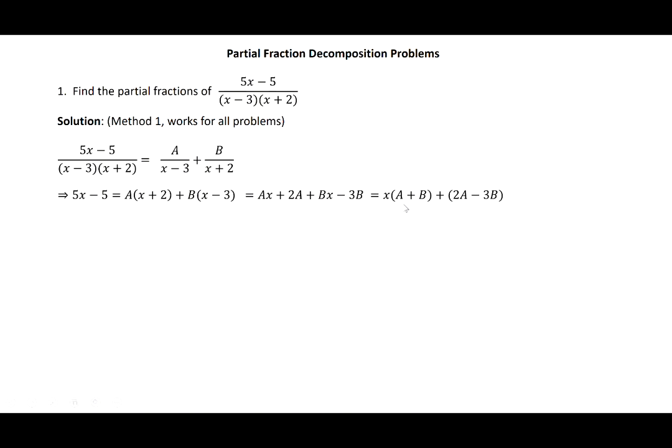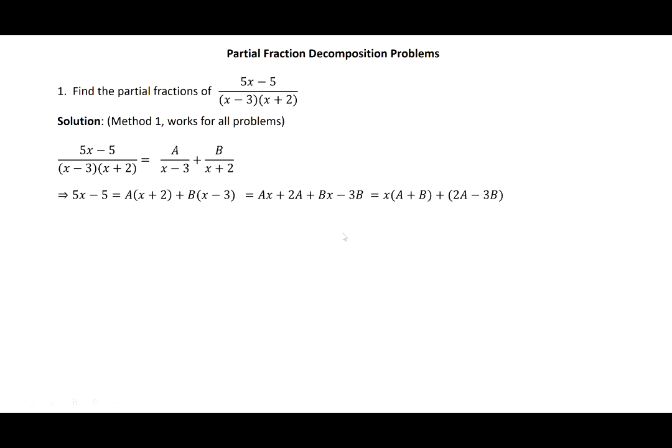What I mean by that is the coefficient of x on the right-hand side must be equal to the coefficient of x on the left-hand side. What is the coefficient of x on the right-hand side? Meaning, what is x being multiplied by on the right-hand side? A plus B. Cool. What is x being multiplied by on the left-hand side? 5. Cool. So A plus B must equal 5. That's all I'm trying to say.